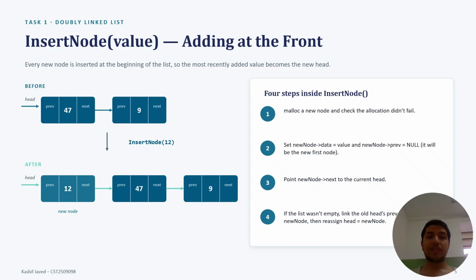Thirdly, I point the new node's next to whatever the current head is. And fourthly, if the list wasn't empty, I linked the old head's previous pointer back to the new node, and then updated head to point to the new node. In the diagram here, inserting 12 puts it at the very front, and the old first node, which was 47, becomes the second node.